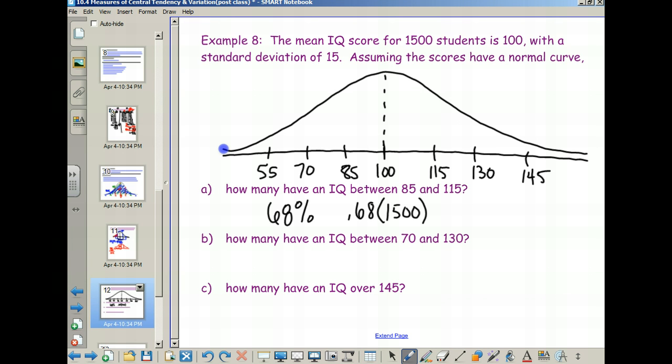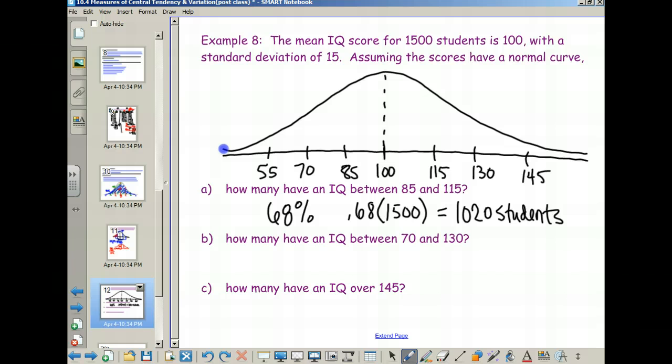Okay, so this is a percentage issue, right? We've already talked about percent through this semester. So if you take 0.68 times 1,500, how many do you get? 1,020 students. So if you have 1,500 students, normal distribution, 1,020 of them have an IQ between 85 and 115.